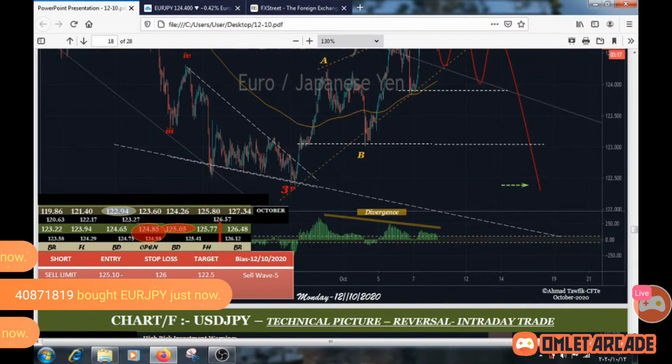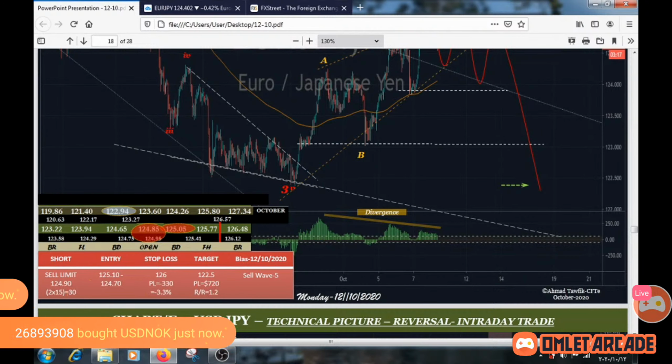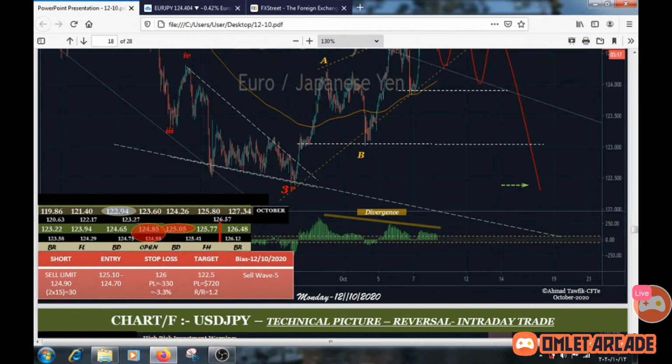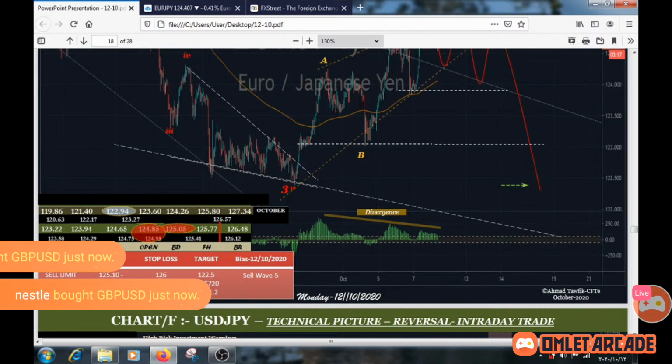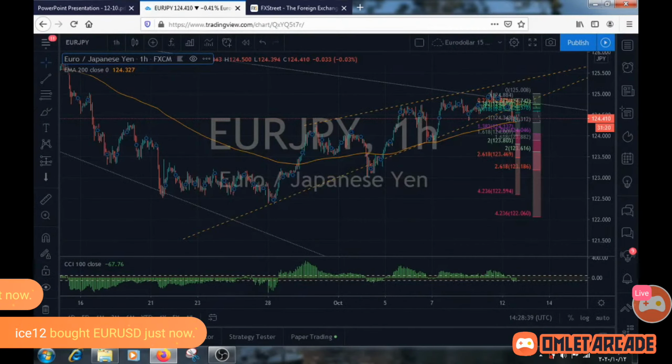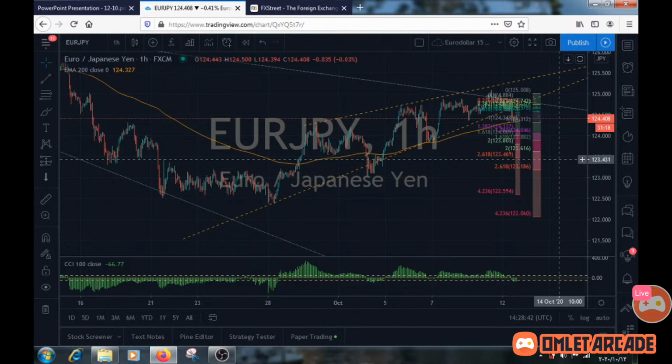There's a question regarding Euro Yen. How about Euro Yen? Well, Euro Yen, we should be selling, we just did it, we should be selling 124.50, 124.60, 124.70. These are the levels shown here.